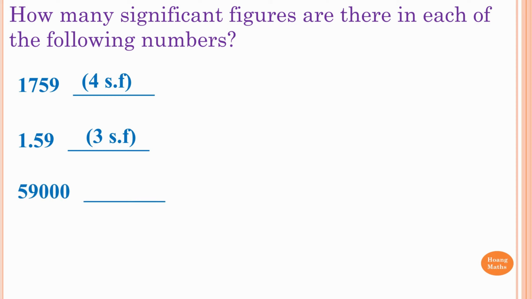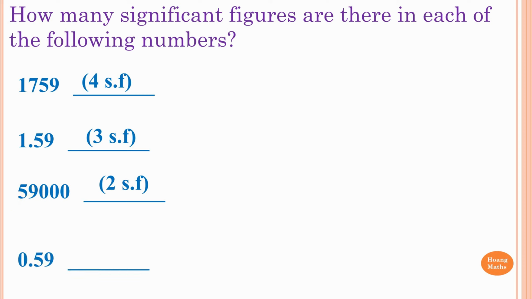Now, 59,000. The rule for this is, in a whole number, zeros at the end are not significant. So these zeros don't count. We only count 5 and 9. Therefore, we have 2 significant figures.